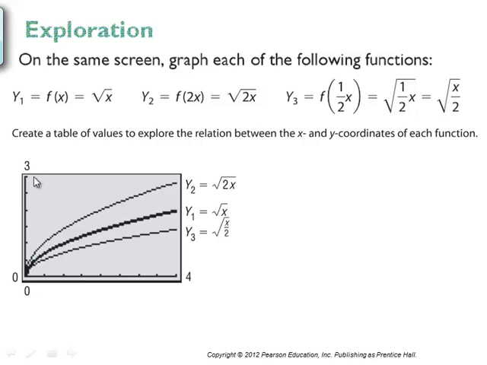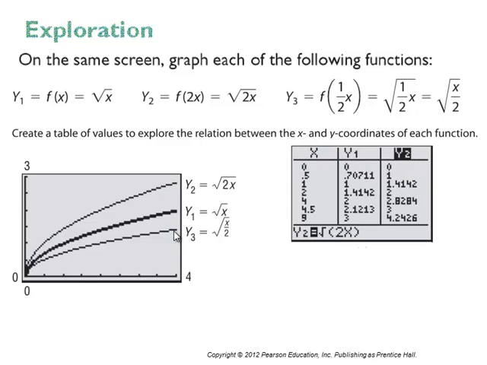And that's what you see here for the graph of y sub 2. And for the graph of square root of x over 2, you're multiplying by a number between 0 and 1, and that results in a horizontal stretch by a factor of 2.